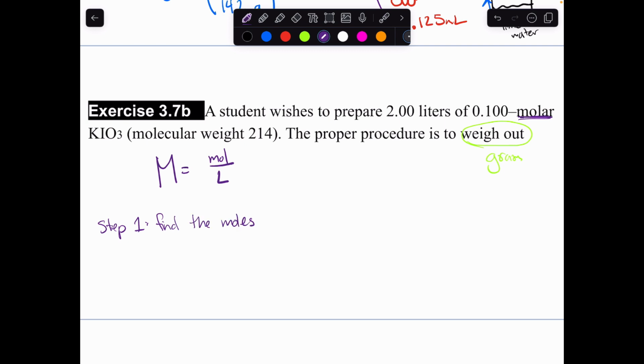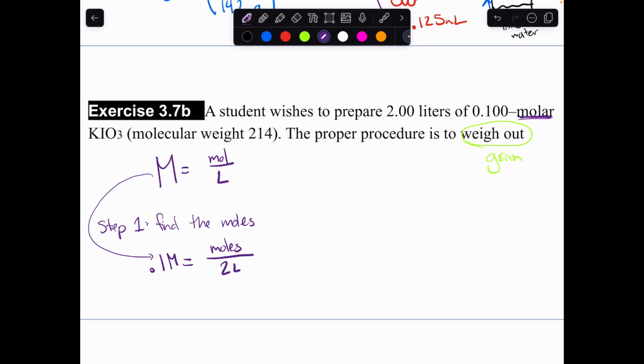When you're solving these questions, when it deals with molarity, you're always going to use this equation. The difference is what's going to be given. Last time we were trying to find this. This time we're trying to find this. So I know my molarity is 0.1, so I'm going to plug that in for M, and that's equal to moles, what we're trying to find, over our liters, which was 2.